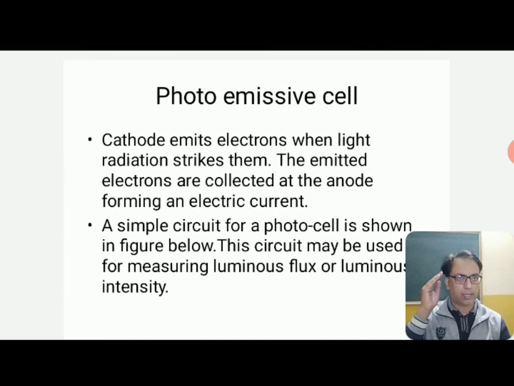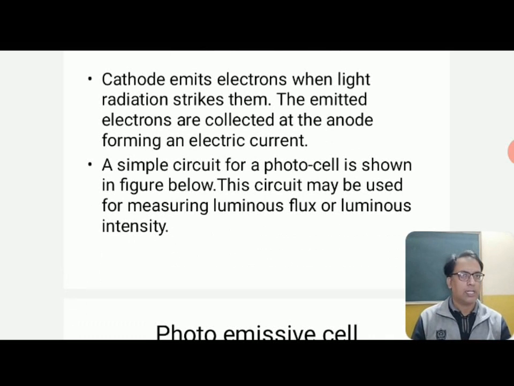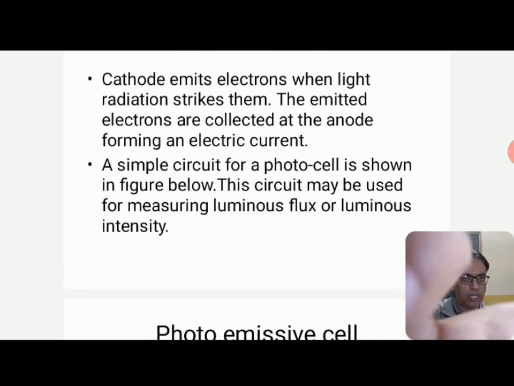As soon as the light strikes the concave metal cathode, electrons are emitted. The emitted electrons are collected by the anode, forming an electric current. A simple circuit of the photocell is shown in the figure. This circuit may be used for measuring luminous flux or luminous intensity.